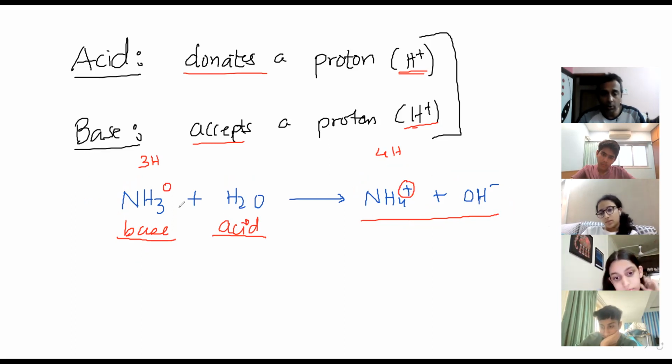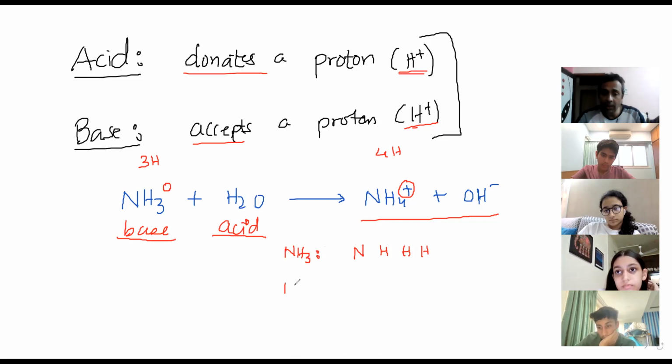So what I had here was ammonia, matlab 1 nitrogen and 3 hydrogens. So NH3, that's ammonia. What it became? NH4 plus. So NH4 plus is what? N, H, H, H, H plus, isn't it?